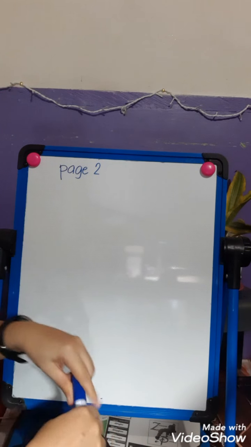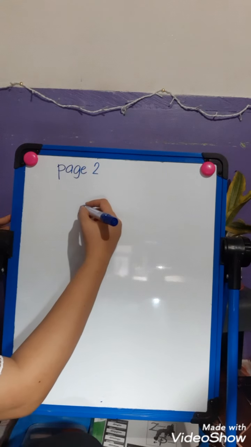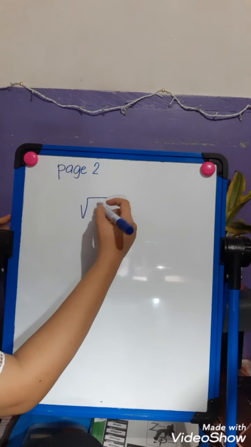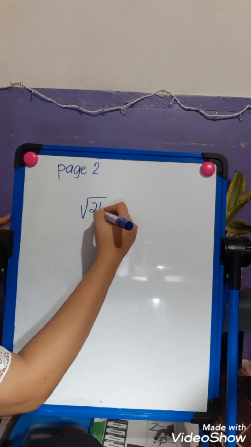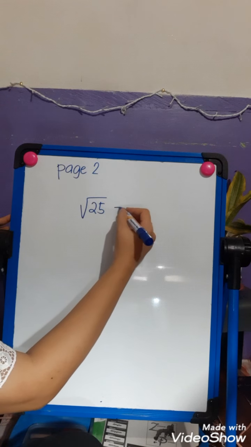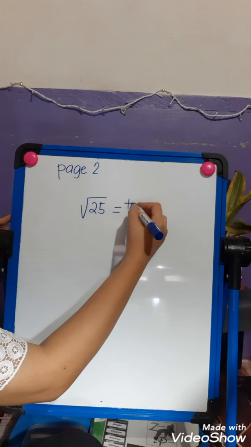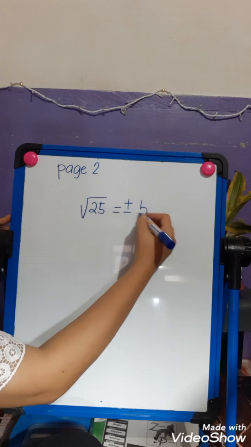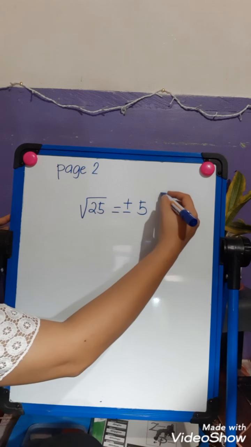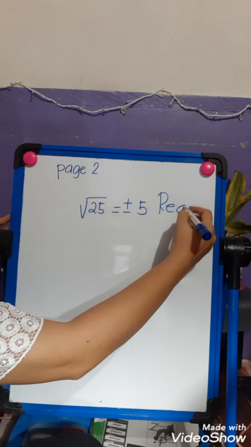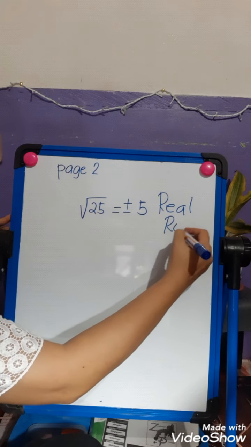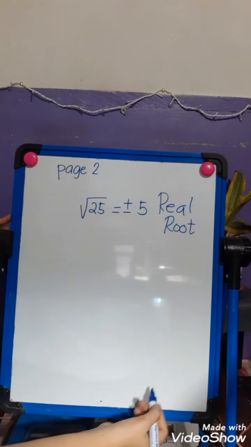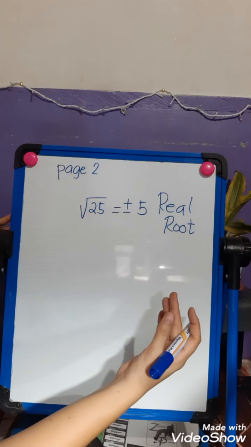For example, when we get the square root of 25, we have positive and negative 5. So this is an example of a real root. So it belongs to the real numbers.